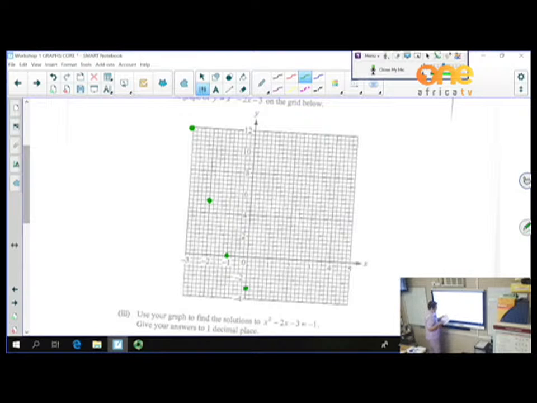There's that point in there. 1, negative 4. This is the turning point that I will find there. 2, negative 3. There. Here it cuts the x-axis again at 3, 0. Then the next one is 4, 5. And the last one, 5, 12. So I plot my points.